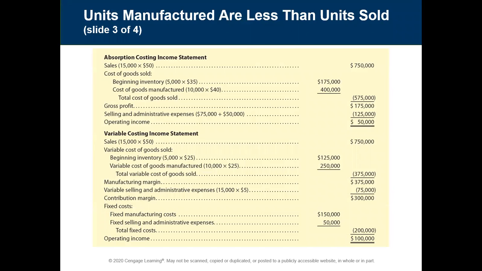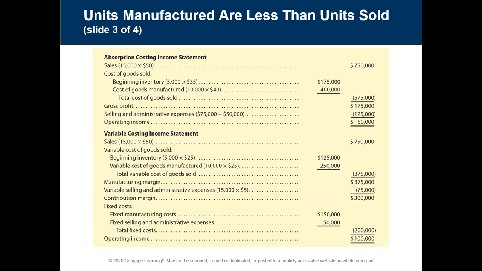So in this case, you'll see that our operating income is 50,000, and here our operating income is 100,000. Well, why? Because under the variable costing, we're still taking the full fixed manufacturing cost, 150,000.